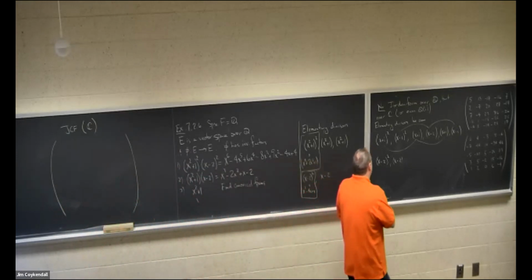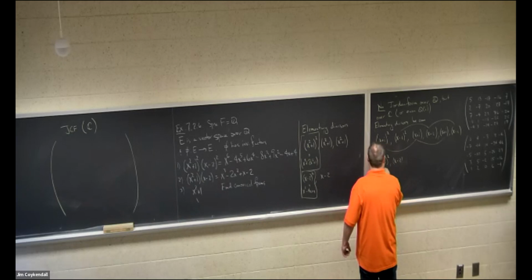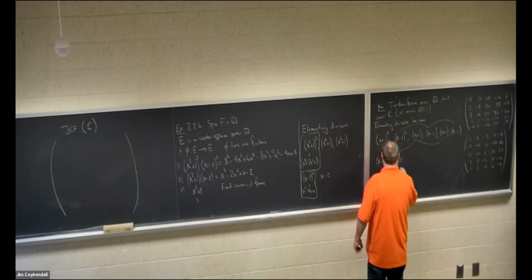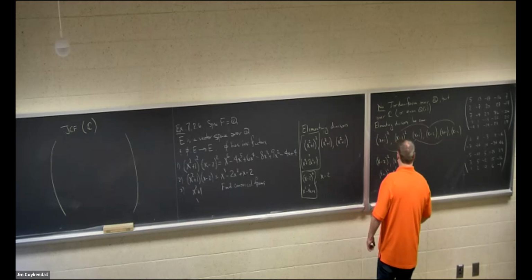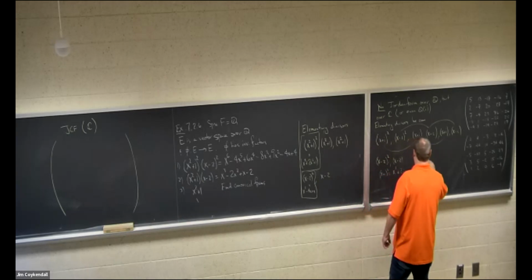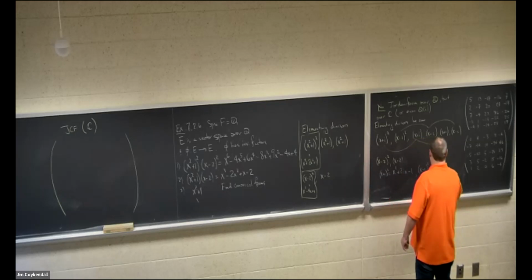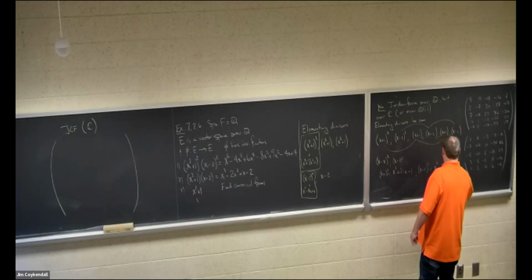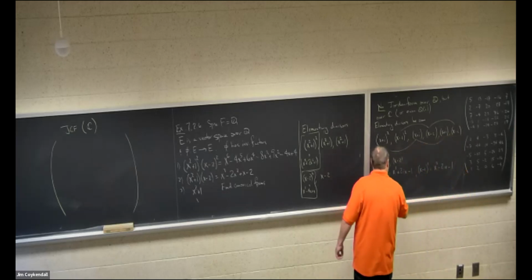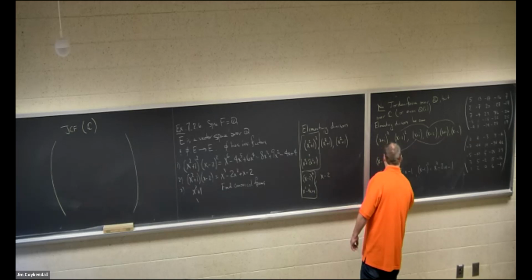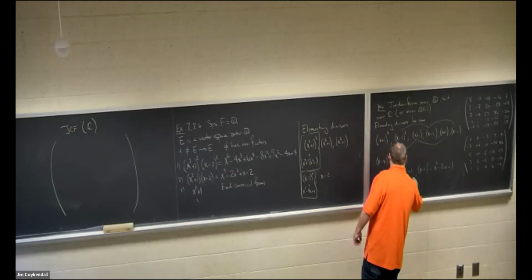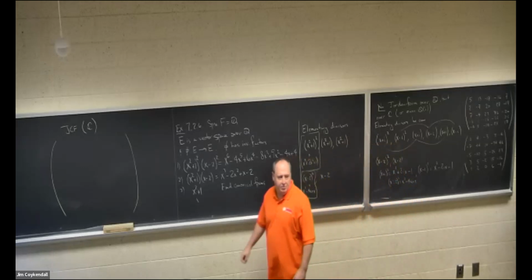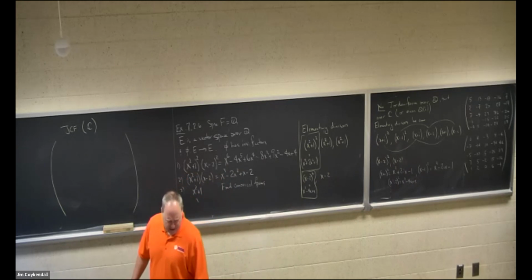Let me make a quick note over here that of course (x plus i) squared is x squared plus 2ix minus 1, and (x minus i) squared is x squared minus 2ix minus 1, and (x minus 2) squared, a reminder, is x squared minus 4x plus 4. So now let's build our thing.